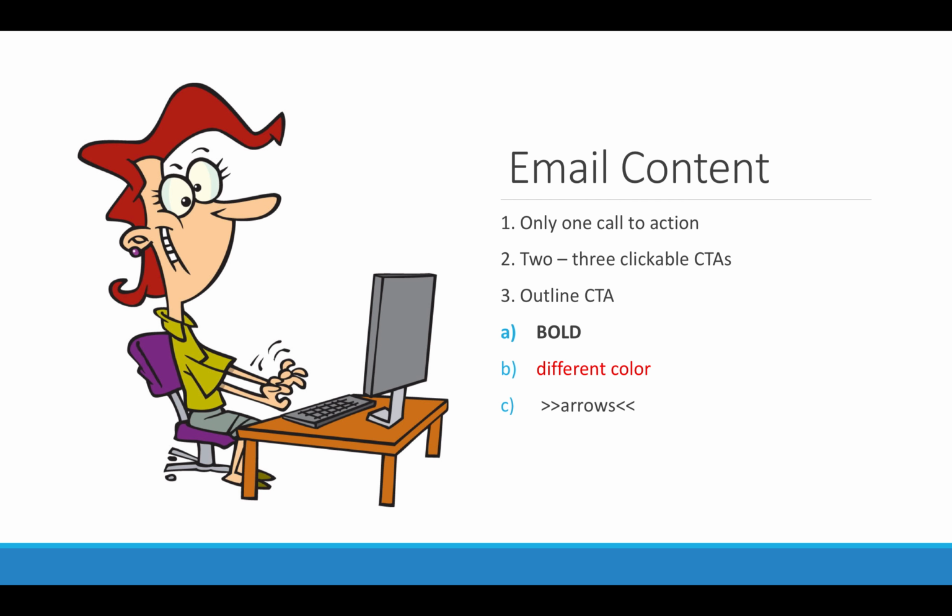And then I would advise you to add a third one, in case your email is a little bit long, towards the end of it, so that people have a chance to click on it directly. They don't have to scroll up and wander around, because this reduces their chance of actually converting. So this is simple. Just keep it to 2 to 3 clickable calls to action in the email. That's the sweet spot. No more than that, no less.